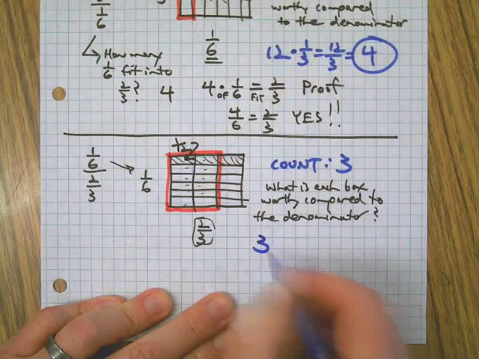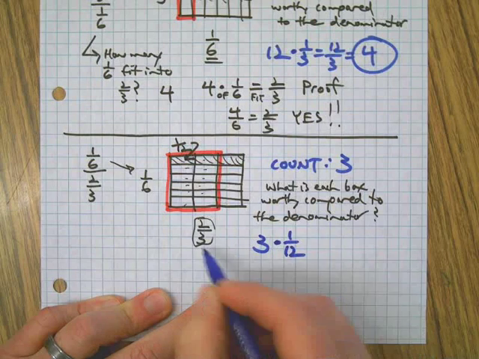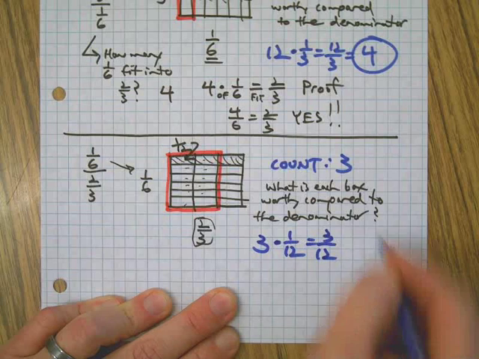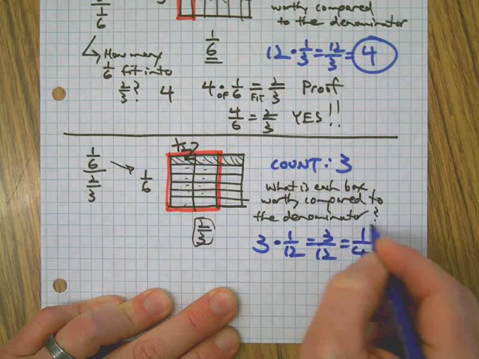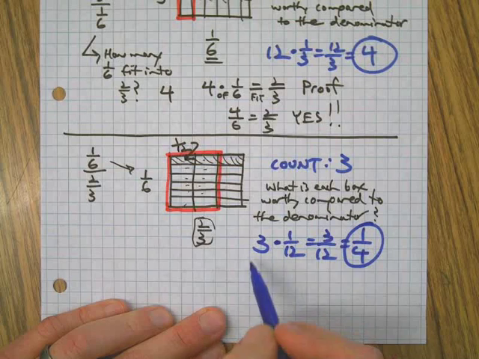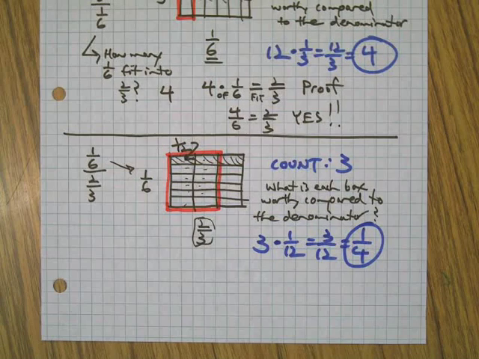So we have 3 boxes. Each box is worth 1/12 of the 2/3. So we multiply those. And it looks like our answer is going to be 1/4.